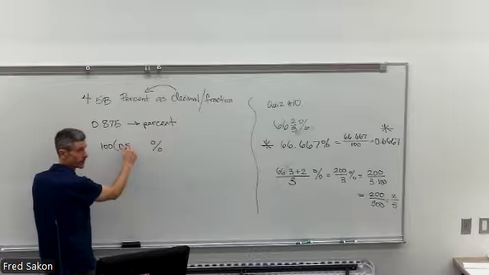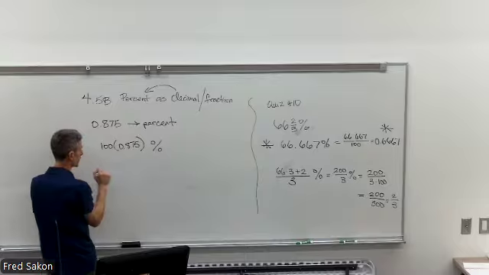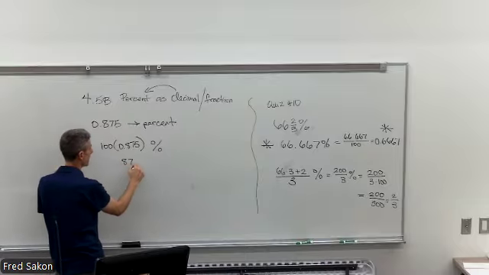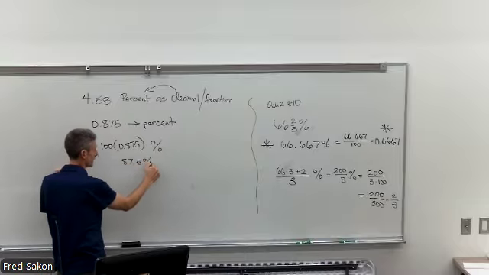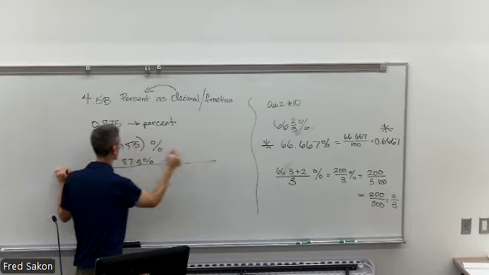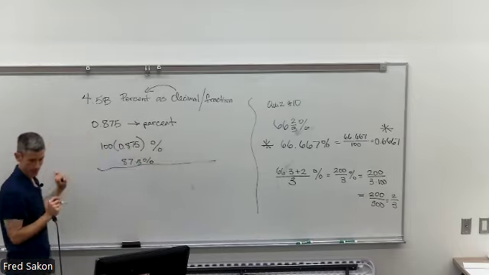The opposite of what we were doing before. We were dividing 100, right? Now we're going to times 100, and so that's 87.5%. That's the route for decimal to percent.